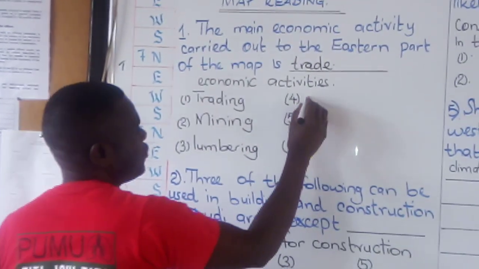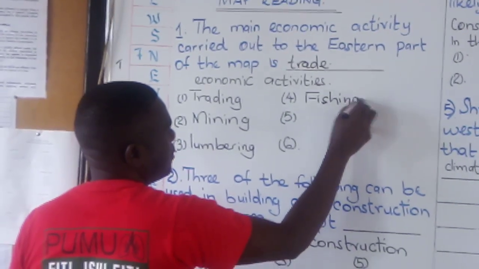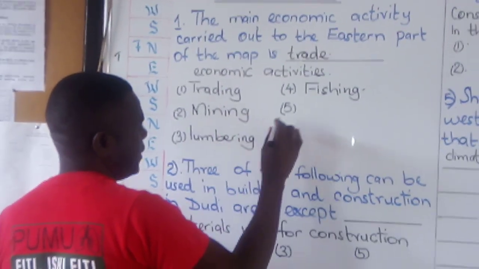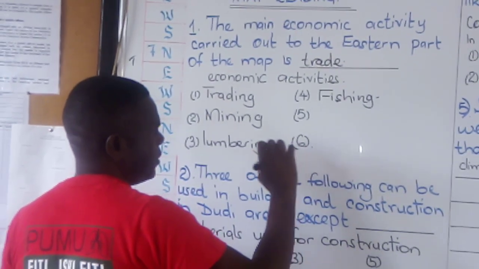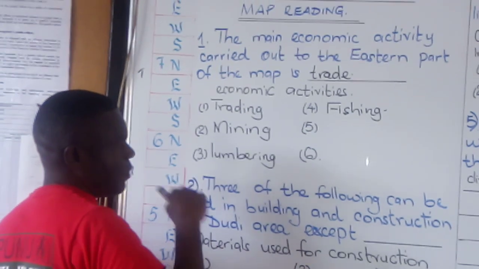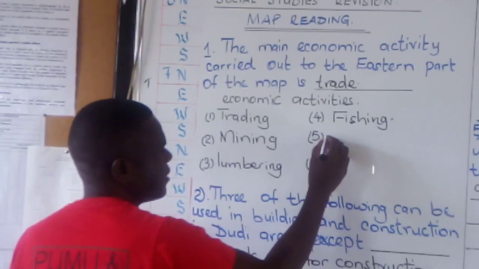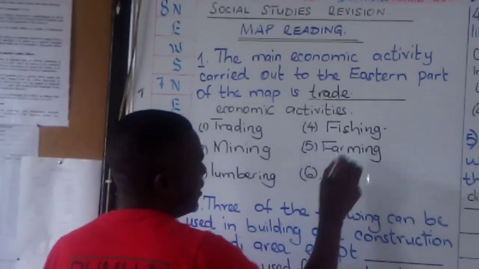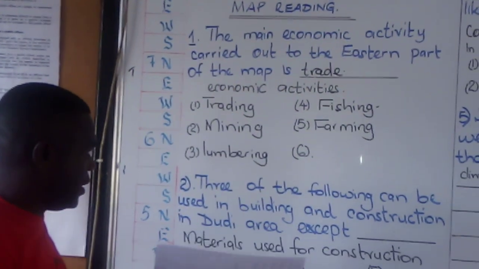There could be fishing. And apart from fishing, there could be other economic activities like farming. You could name so many economic activities taken in the area.